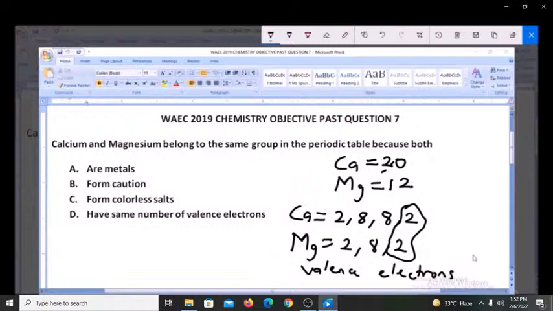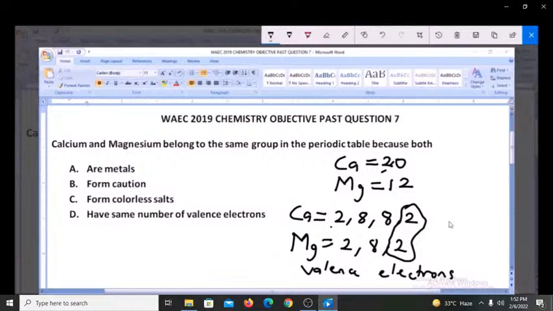And these valence electrons are the ones that are involved in formation of chemical compounds, or generally involved in chemical reactions. So the number of valence electrons also tells us what group each element belongs to.